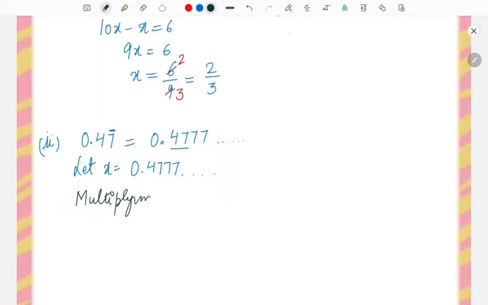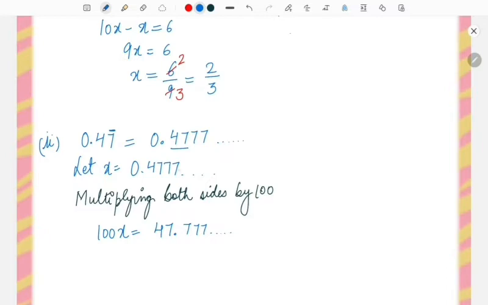By multiplying both sides by 100. What will I get? I'll get 100x equal to 47.777, because 7 is the only one that is repeating itself. 4 repeat नहीं हो रहा, right?